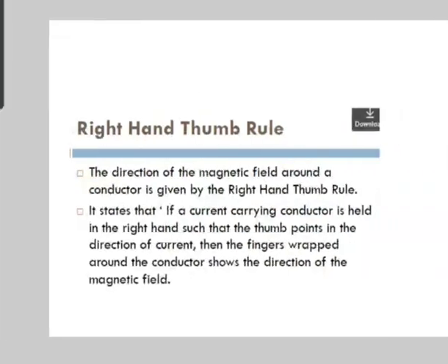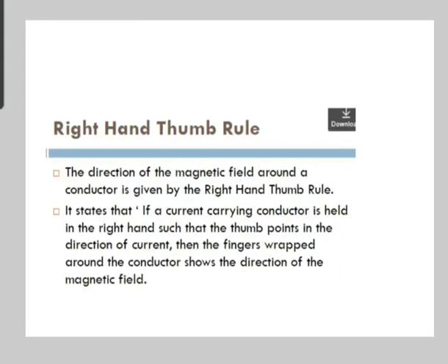So, what is the right hand rule? The direction of the magnetic field around a conductor is given by the right hand thumb rule.